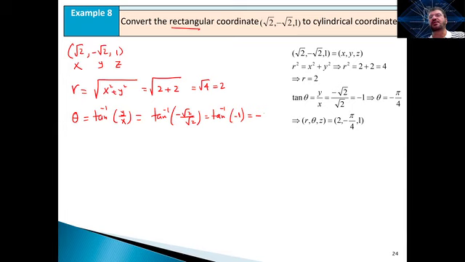What's tangent inverse 1? It's pi over 4. That's the angle, guys. Done. I have r, theta. So what's z? z is the same z as 1. Nothing here changed. So that means root 2, minus root 2, and 1 in the rectangular coordinates converts to 2, minus pi over 4, and 1 in the cylindrical coordinates.